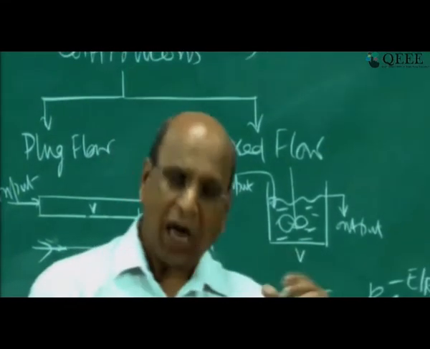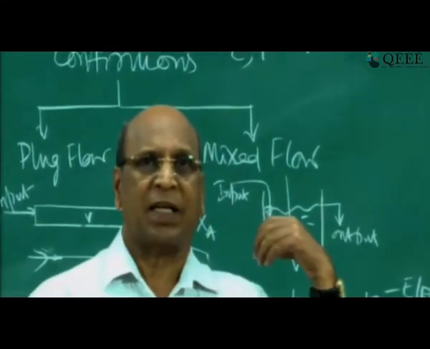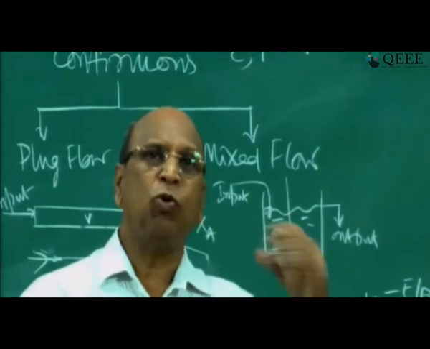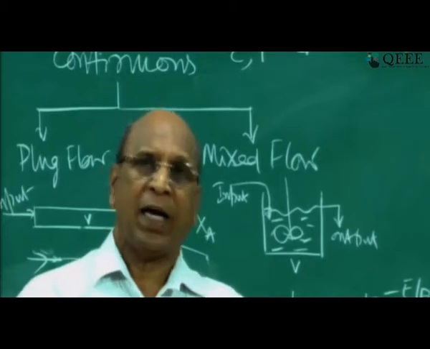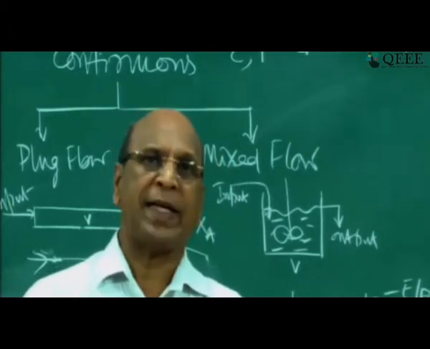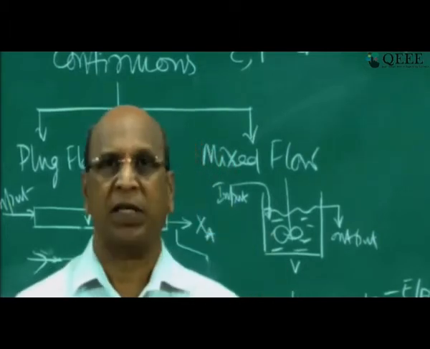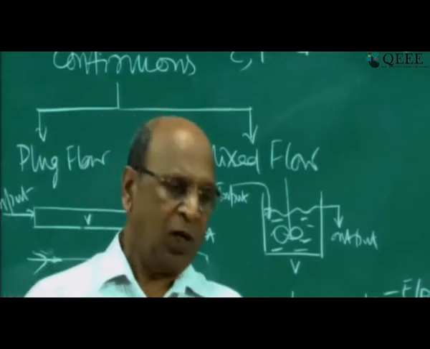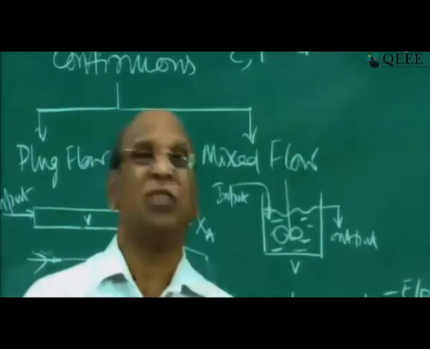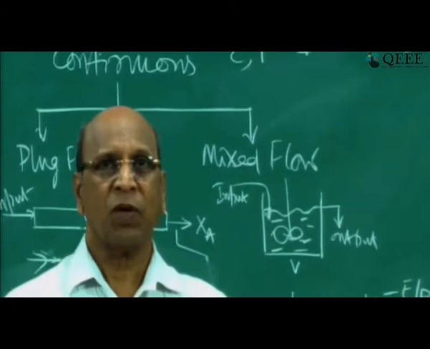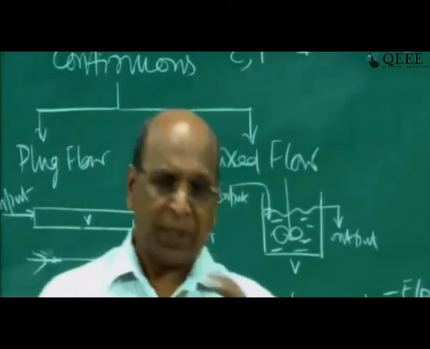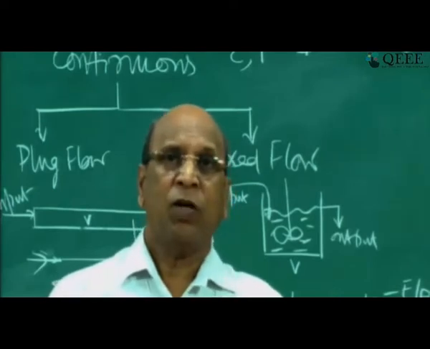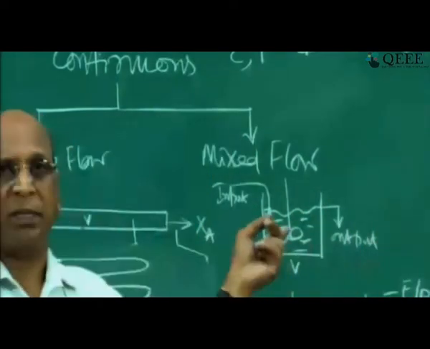But we are not far from ideality in a batch reactor, particularly when you have Newtonian fluids, then it is easy to mix them and uniformly maintain the concentration and also temperature. But the problem comes when you have very highly viscous solutions. Then the mixing may not be proper, and that assumption may not be valid.